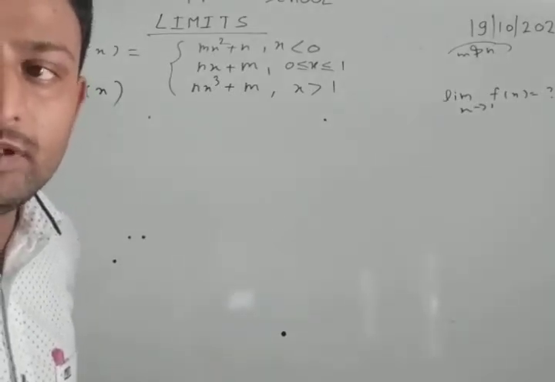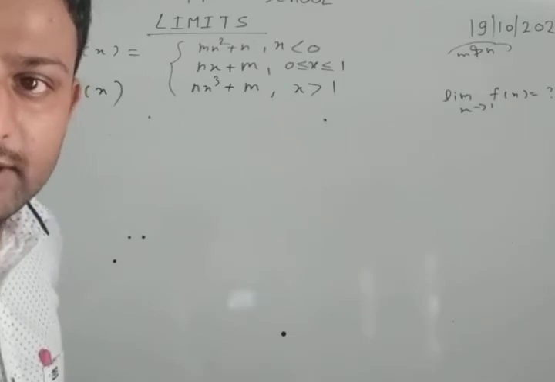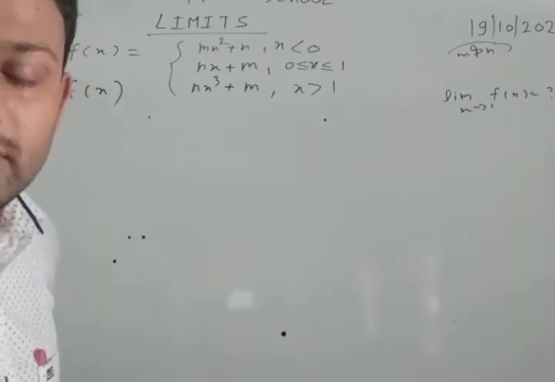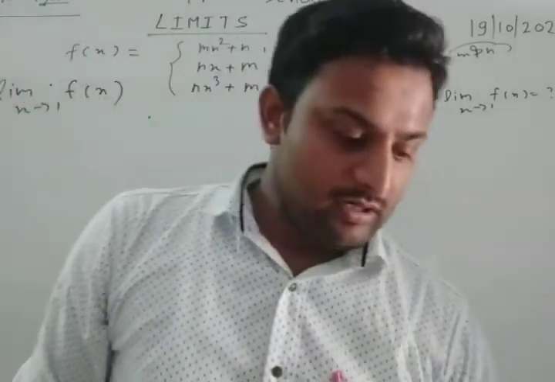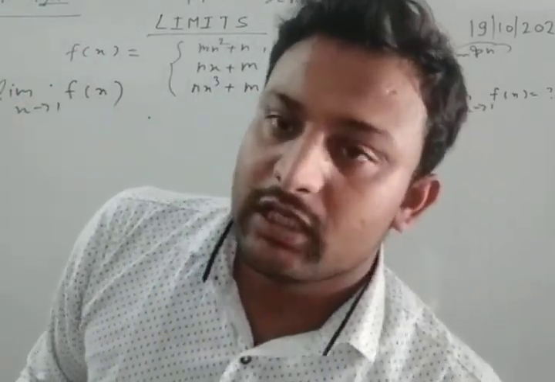For this, what we will do? We will again take the left hand limit and the right hand limit, and we will see for which values of m and n they coincide.